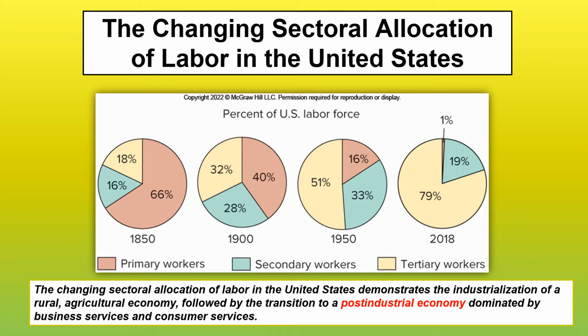But over time, the wedge for primary workers, and most of that would be agricultural workers, has steadily shrunk to 1900, 1950, 2018. Less than 1% of the U.S. workforce is in agriculture, mining, and commercial fishing and so forth.